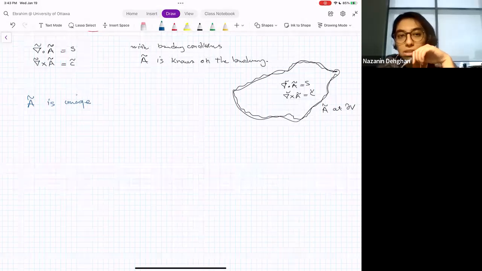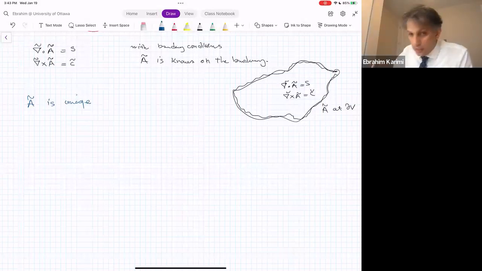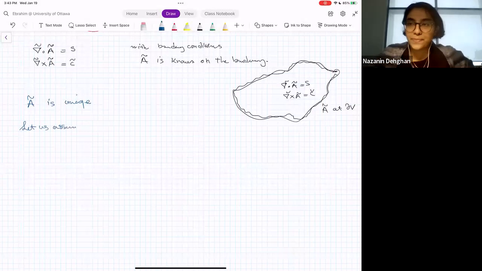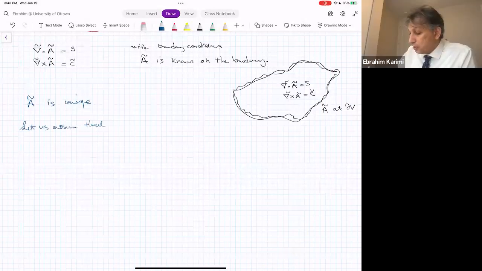Can we assume that it's not unique and then prove that it's like? Go ahead. So let's say that Nazanin says, let us assume that with these conditions, A is not unique. What does it mean? There is another A which has exactly the same property.